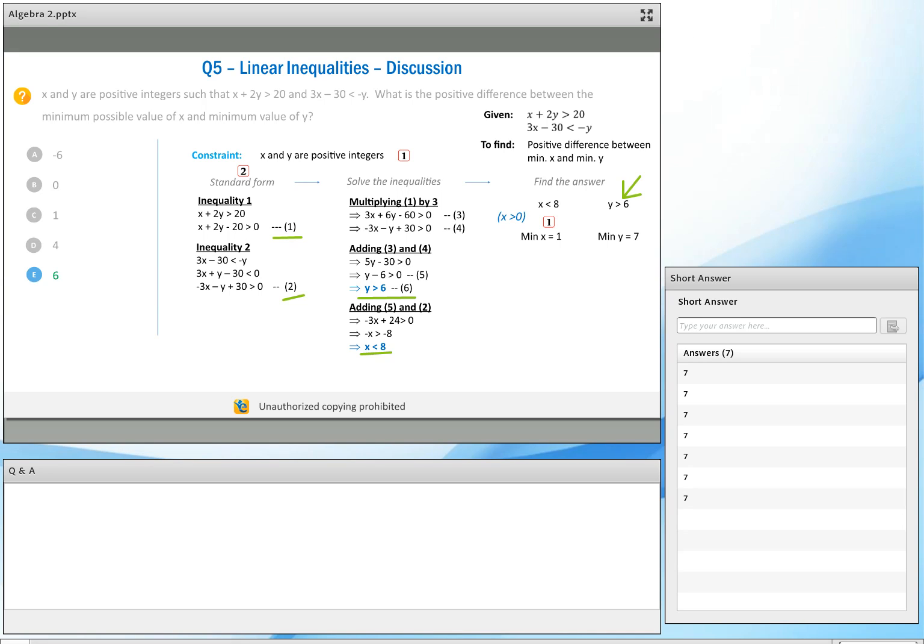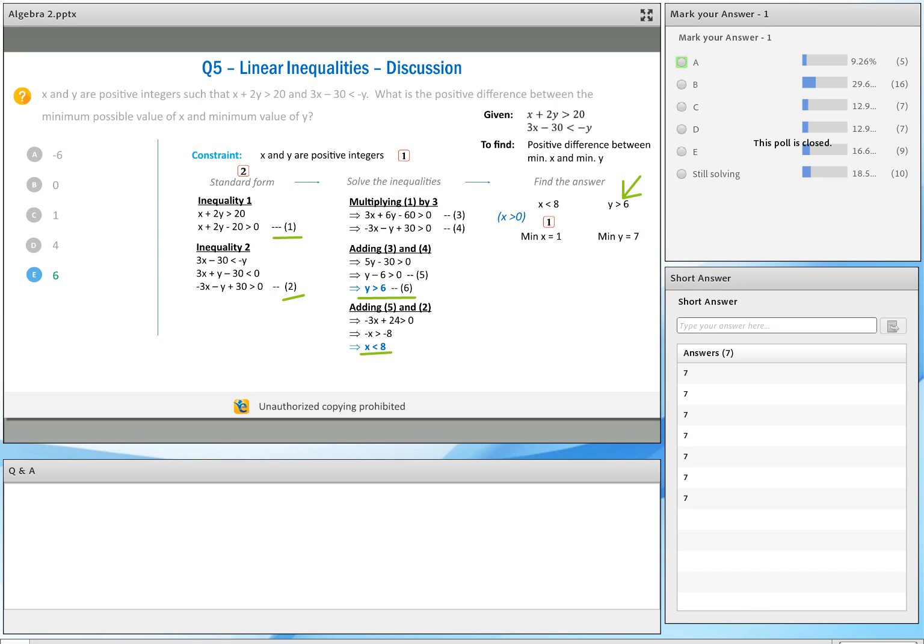Now let's take a look at how many of you got this answer. Only 9 of you selected choice E as the correct answer. Now for those of you who selected -6, you didn't read this constraint that what you needed was the positive difference. So again, if you selected -6, then you didn't focus on the constraint that was there.